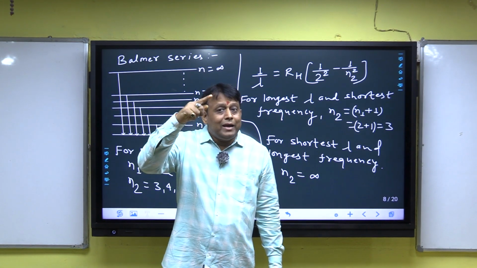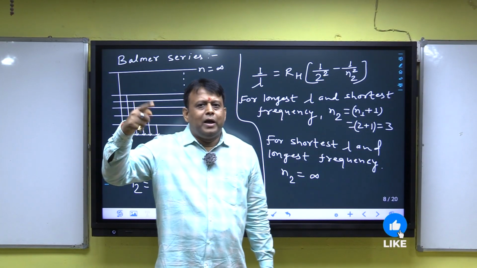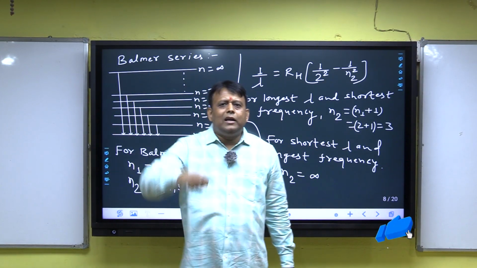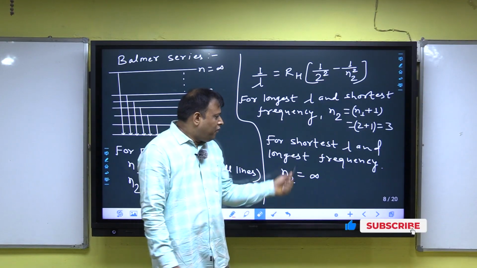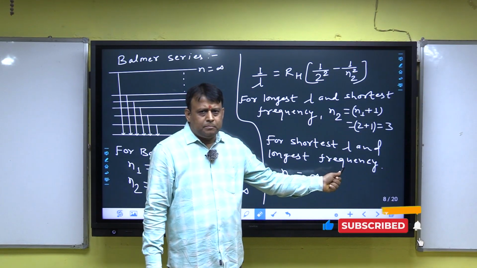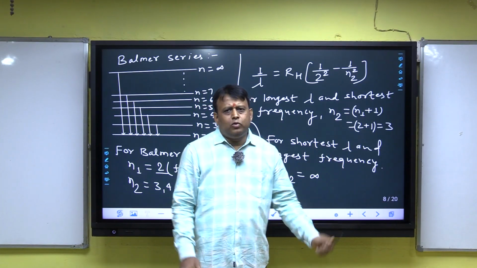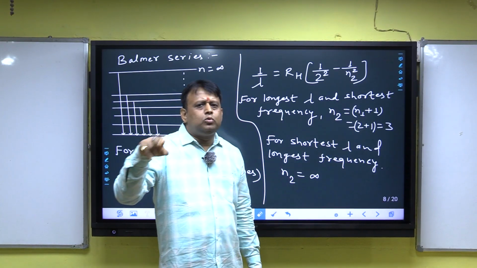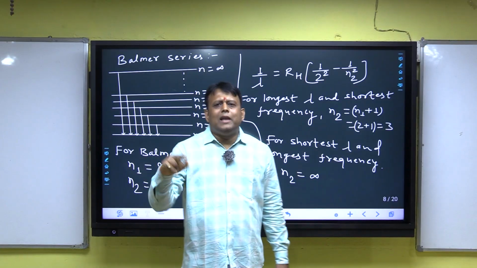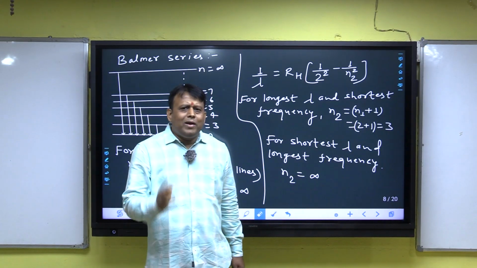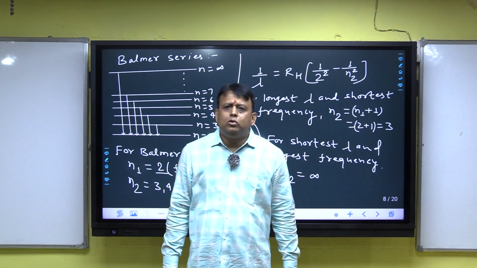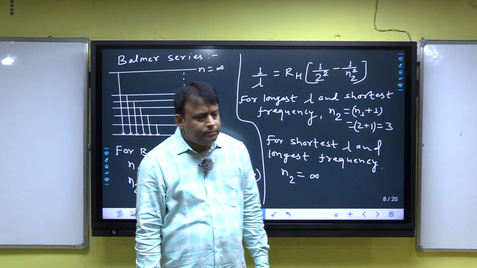And E equals h nu, so frequency is directly proportional to energy. So for longest frequency, n to infinity, and for shortest lambda, n to infinity, because nu is equal to c by lambda, so frequency is inversely proportional to wavelength.